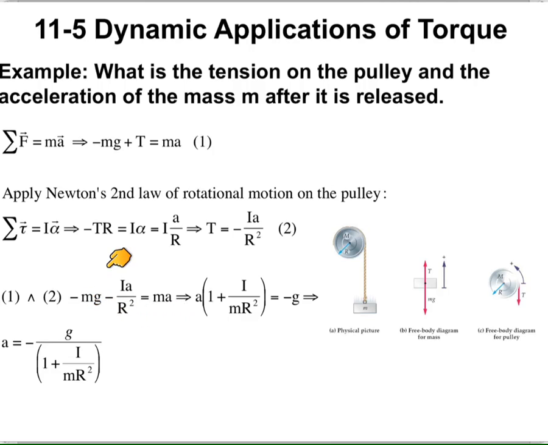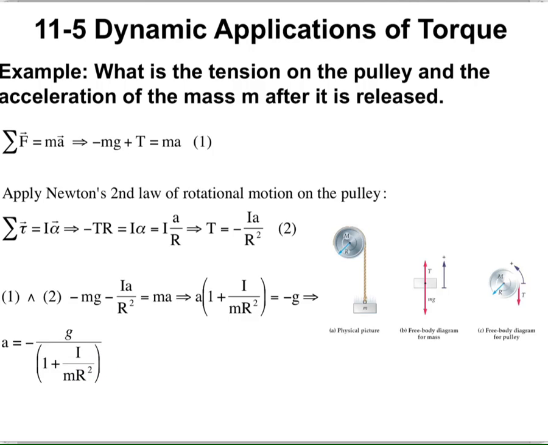Equations 1 and 2 will give you one equation, and in this equation you can easily solve for acceleration A. And from this, you will find A is minus G divided by 1 plus the moment of inertia I of the rotating disk divided by the mass of the hanging object, small m, times R square.